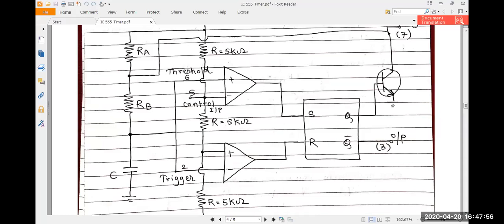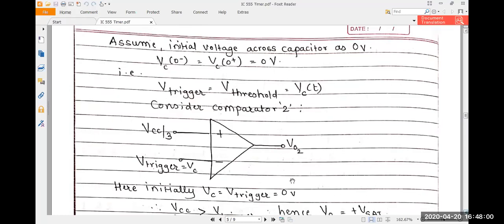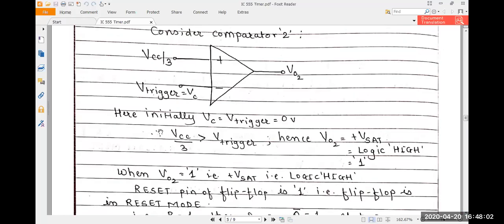Now, as we have said that initially VC, the voltage across the capacitor, is 0, and the voltage at the non-inverting terminal of comparator 2 is VCC by 3, which is greater than 0. So the output of this comparator would be plus Vsat, because VCC by 3 is always greater than V trigger, which is 0 initially.